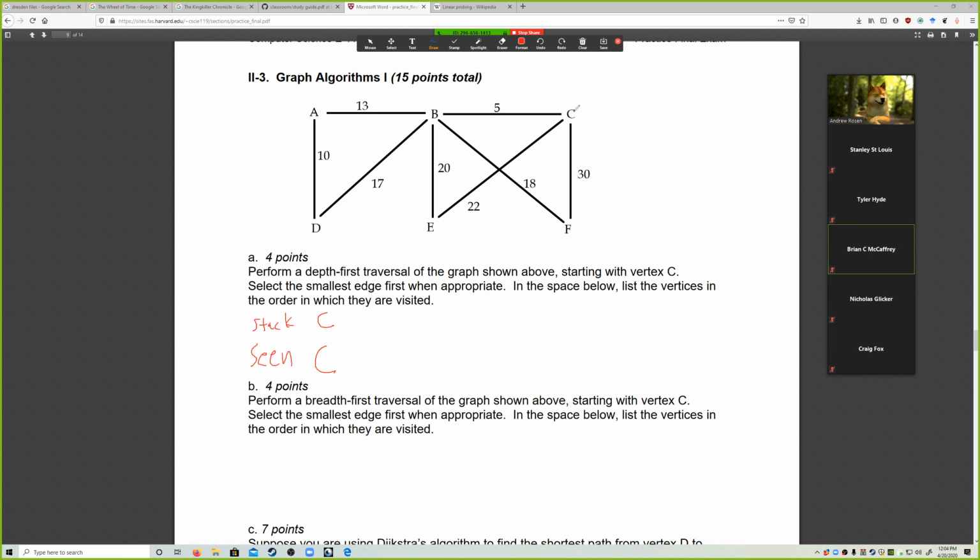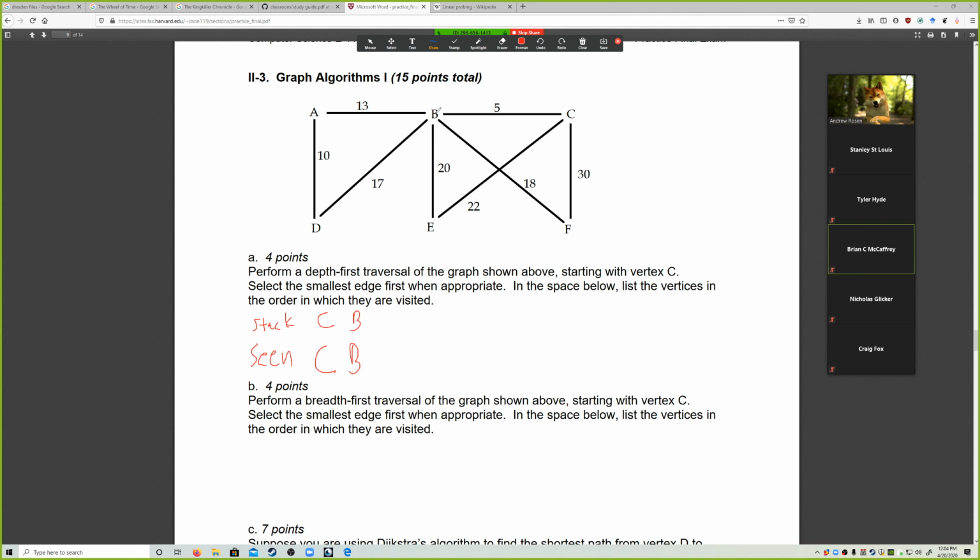I can go to B, E, or F. I can select one of these three edges to travel down, but the smallest edge is what I should select first. That means go to B. Make sense? So push B onto the stack, and I'll go to B next.